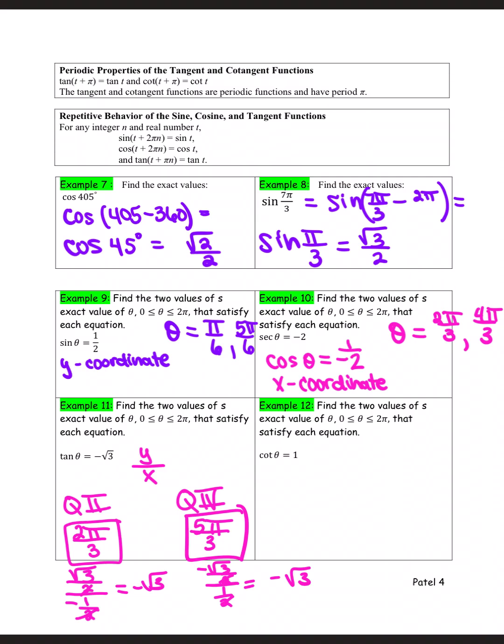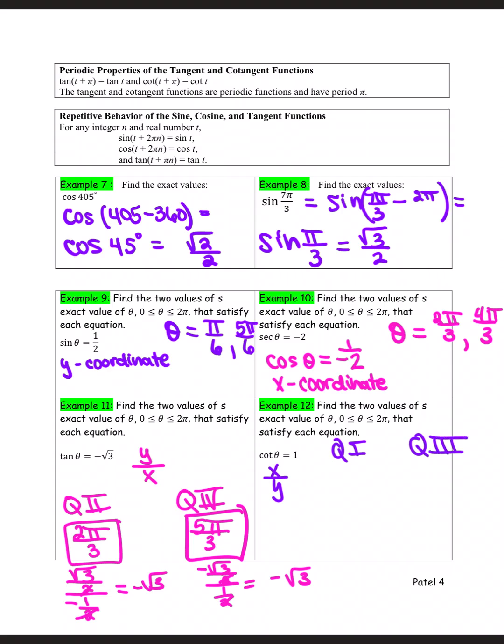Example 12, we have cotangent of theta equals 1, so the ratio of x over y has to equal 1. And that can only happen if x and y are both the same value. And that happens in quadrant 1 because cotangent is positive in quadrant 1, because x over y is positive over positive, which is positive, and in quadrant 3 because negative divided by negative is also positive.